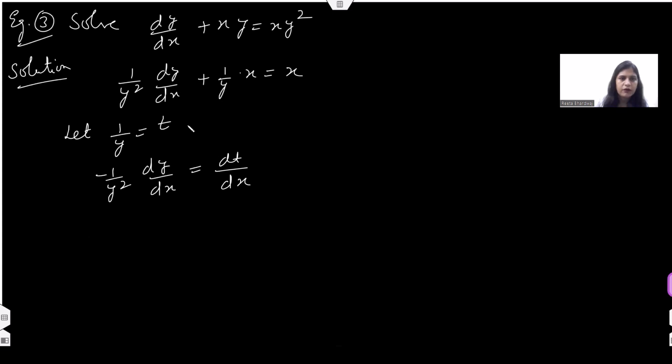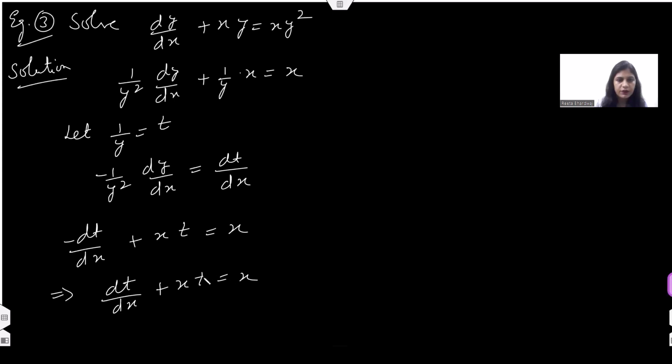After putting these two substitutions back in the equation, we are getting minus dt by dx plus, since 1 by y is t, x times t equals x. So now this becomes a linear differential equation.